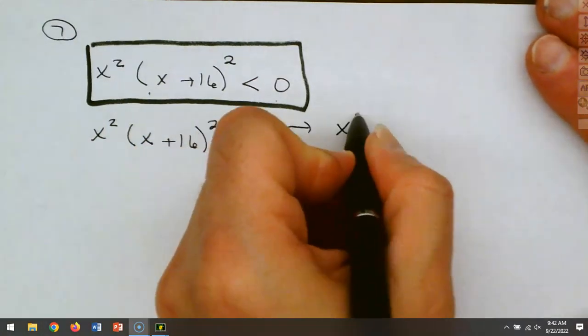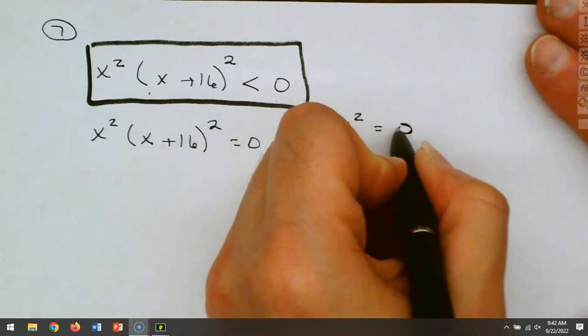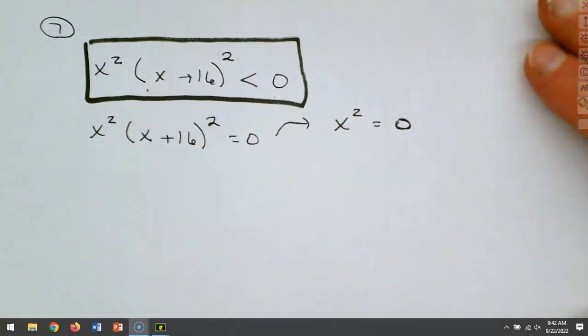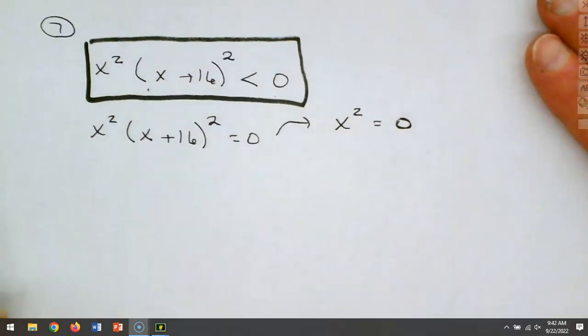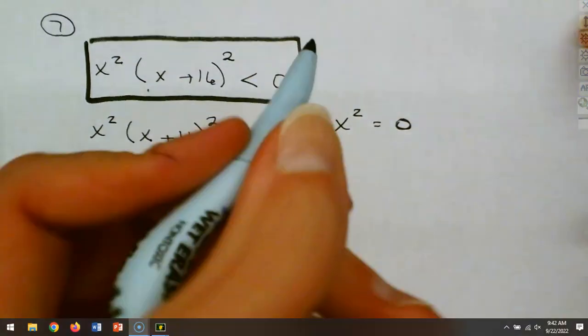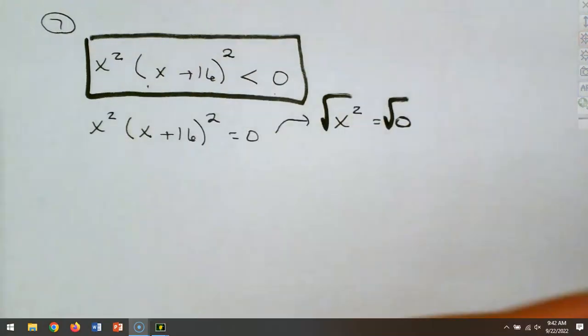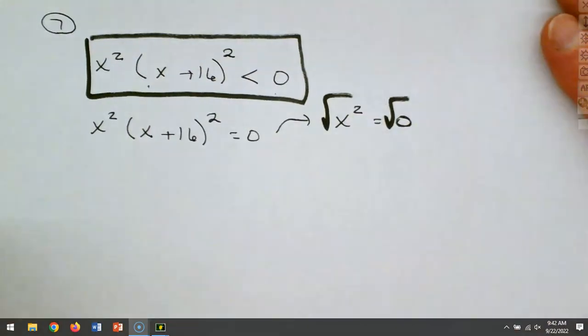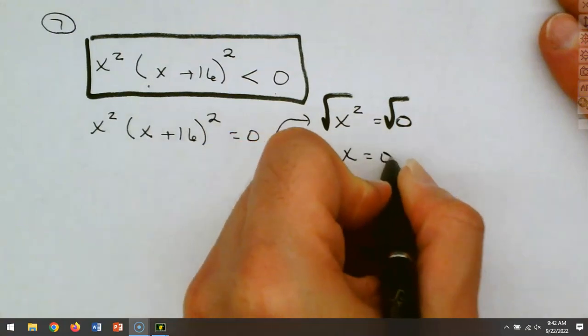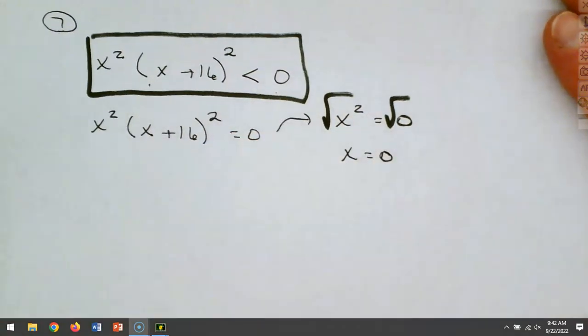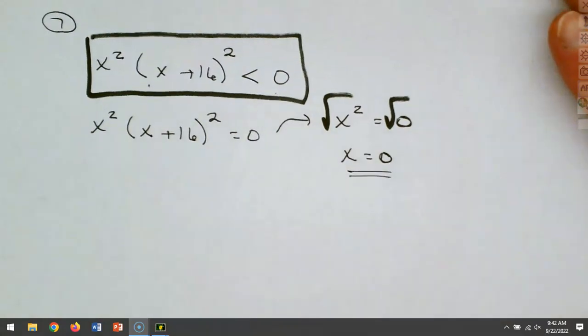So the first one is x squared equals 0. Right? And if x squared equals 0, what would we do to solve this? Well, we've got an x squared, so we take our square root, and 0 is unsigned, so we don't have to worry about the plus or minus. And so one critical point is going to be x equals 0.